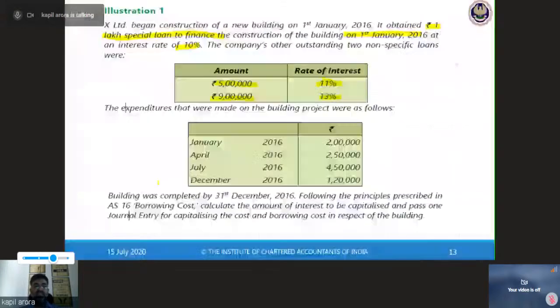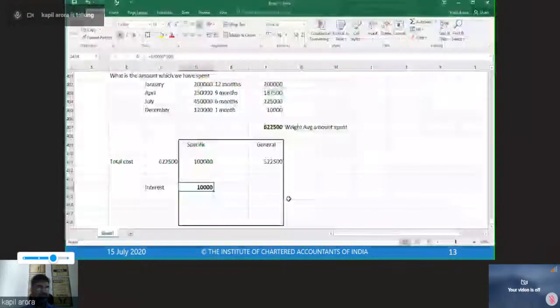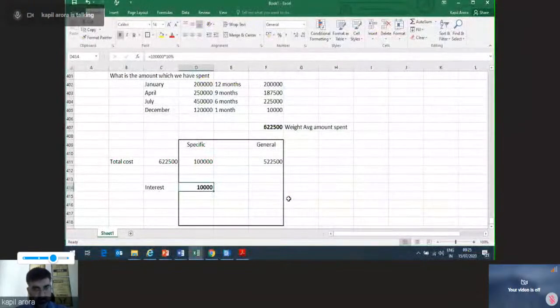Why less than 12 months? It started on 1st January and ends on 31st December. It is not less than 12 months. Right? So the interest on specific is 10%.